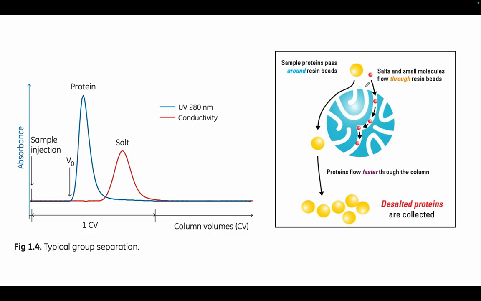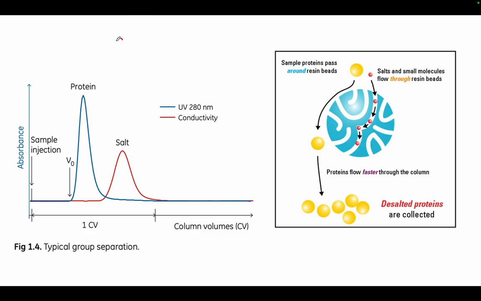They can't enter this pore. But all the ions and salts and so on will have to pass through these pores. And so what you collect here just after the void volume will be all the proteins, whereas the salts will be separated from that.